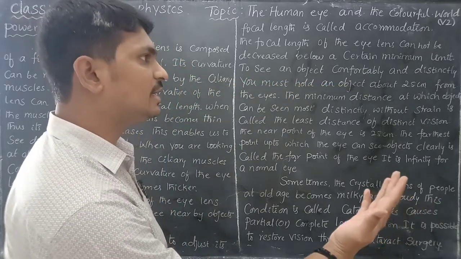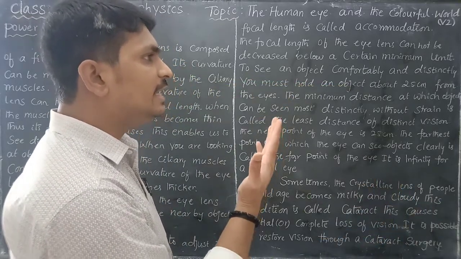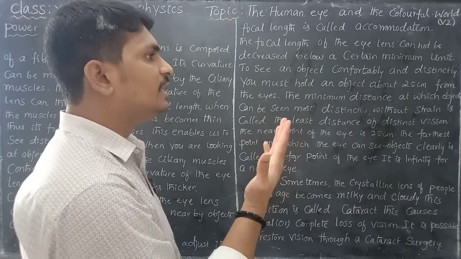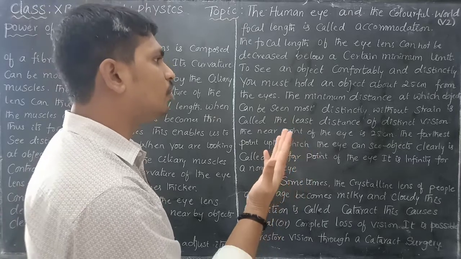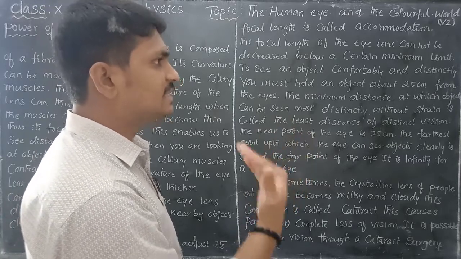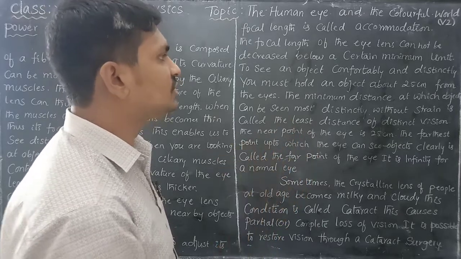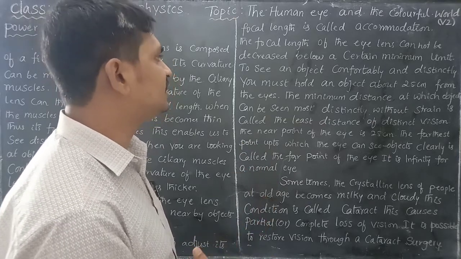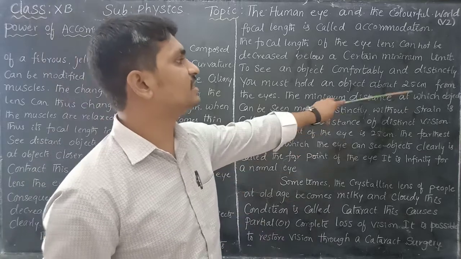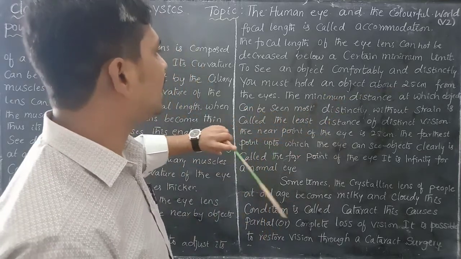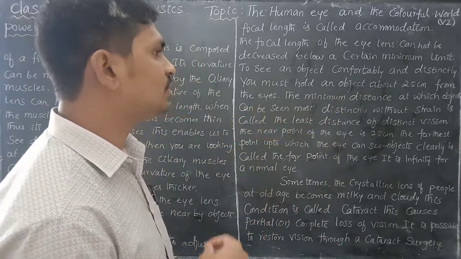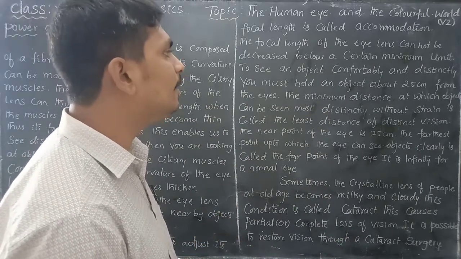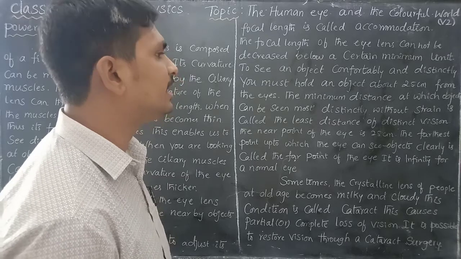If you take an object much closer to your eye, less than that distance, your eye will strain, because the focal length cannot be adjusted beyond this limit. So the minimum distance at which you can see an object clearly and distinctly is 25 cm.